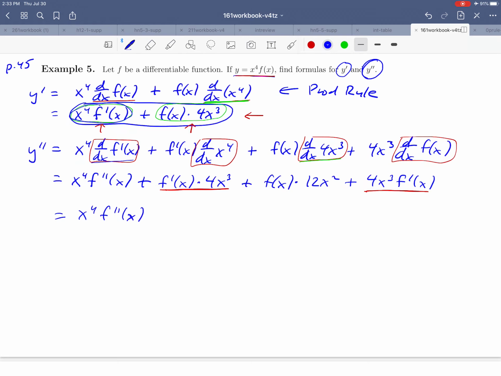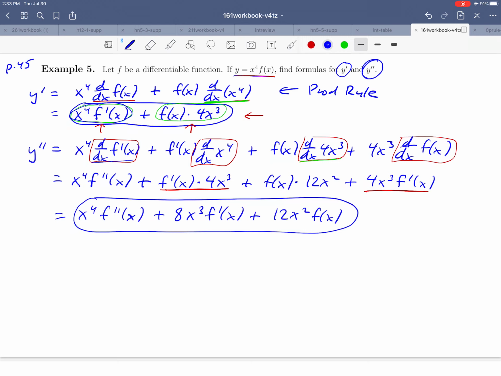Okay, we've got 4 and 4. That's going to give us 8x cubed times f prime of x if we combine those. Okay, and I'm going to go ahead and box that in as our final answer. There's a simplified final answer for y double prime.